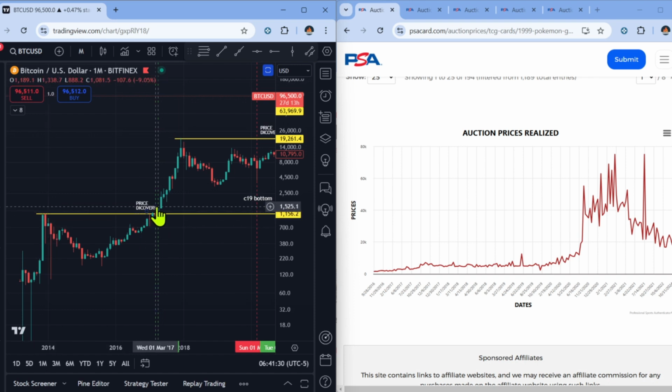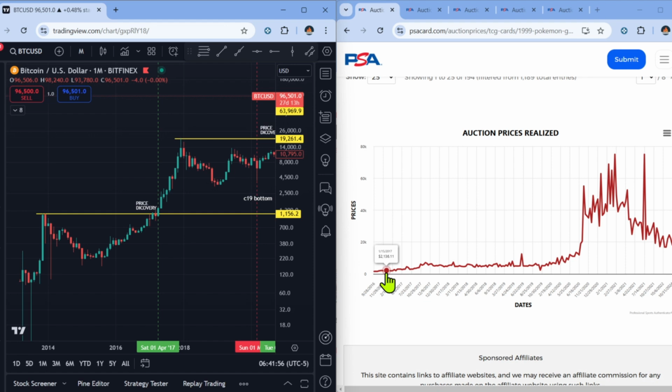I've used that to see when this happens with Bitcoin, what is going on with the PSA 9 Charizard first edition. If we go to the date here, this is around April 2017. The earliest data is around $1,500 USD for first edition PSA 9 Charizard, back in September 2016.